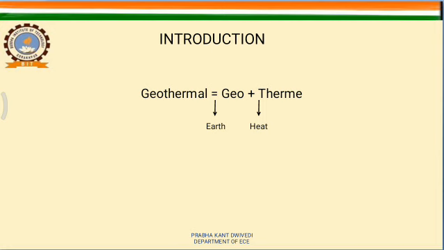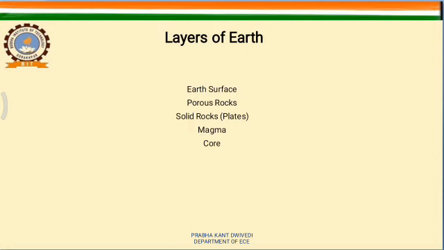Now come to the layers of the earth. The innermost layer of the earth is the core. Core is the innermost layer and has very high temperature. Near this core, molten rocks called magma are there. Above this magma, solid rocks exist, and above the solid rocks, porous rocks are there.